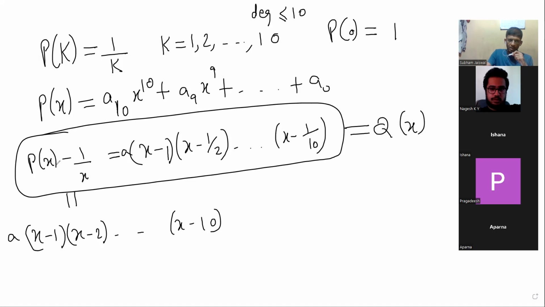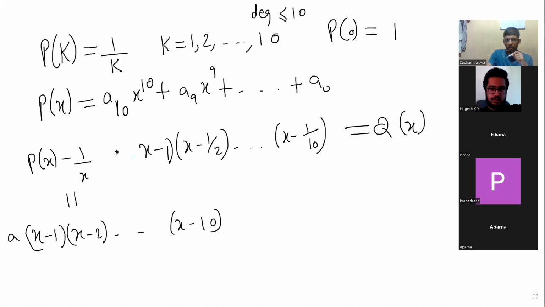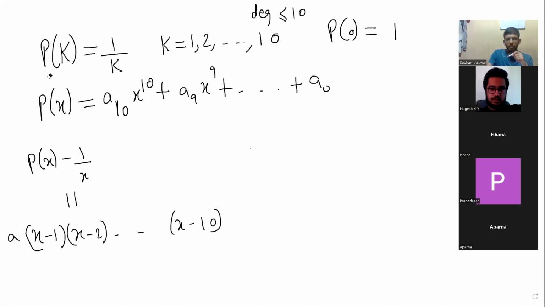No. Right. So certainly this is not true. Yeah, it's not true. So we forget this. This is not working. Even with this one, there is a problem. Even this is problematic.